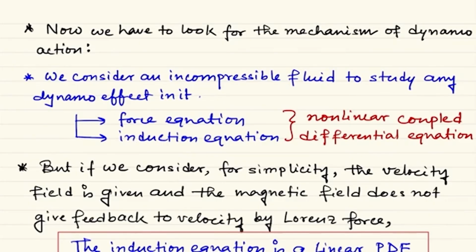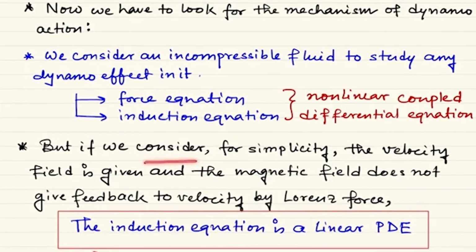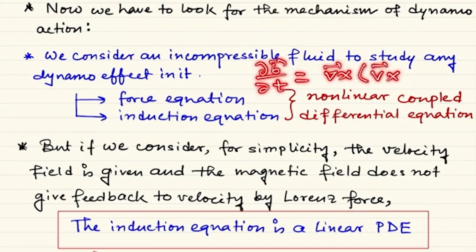So that's why the system is actually nonlinear. But if we consider, for the time being, that the velocity field is given by some process in which we are not interested, and the magnetic field's evolution does not give any feedback to the velocity field, then the induction equation is effectively linear in B, and it is much easier to solve.